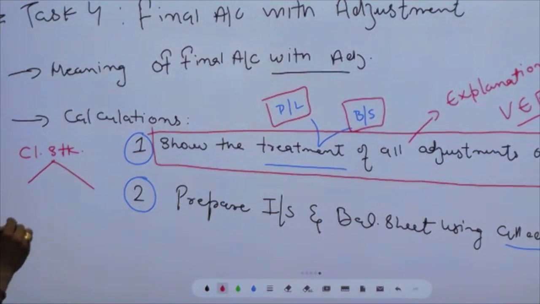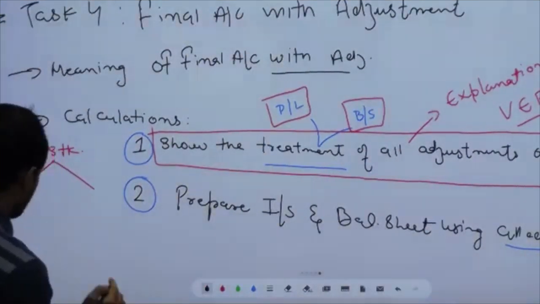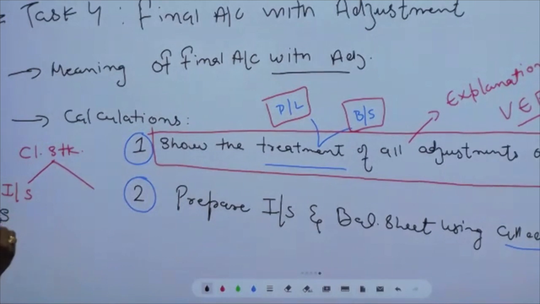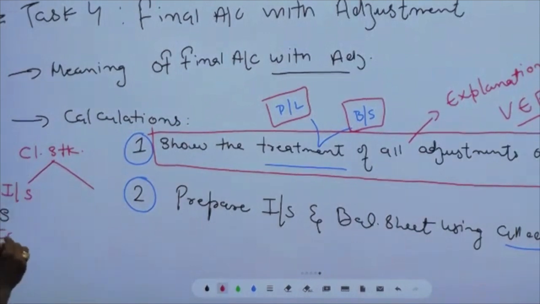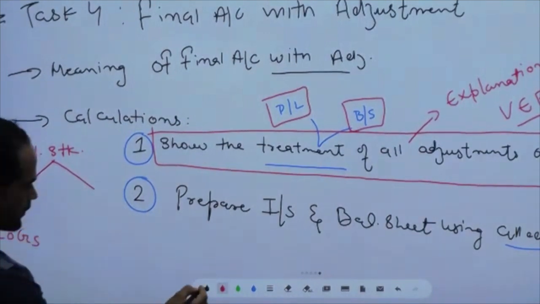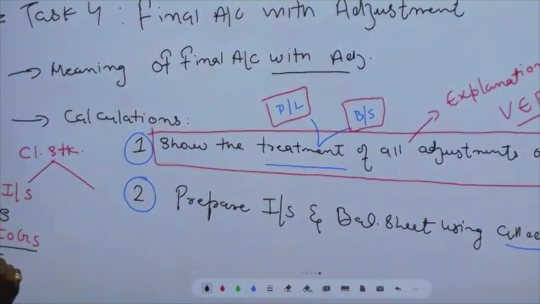In closing stock, there are two impacts. What will impact on income statement? In income statement, you have sales minus cost of goods sold is gross profit and so on.